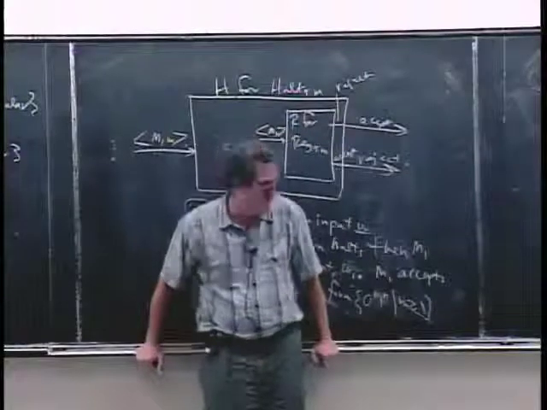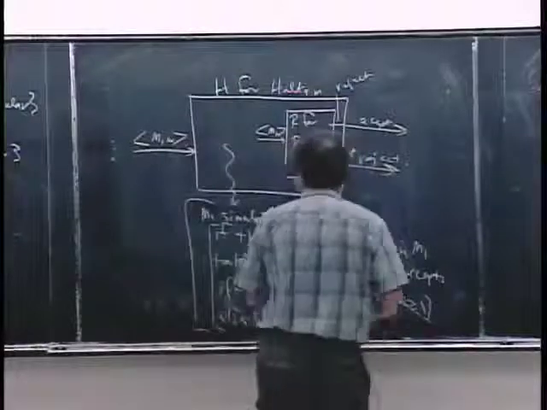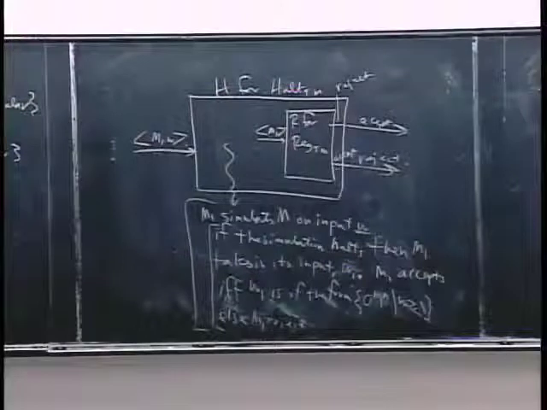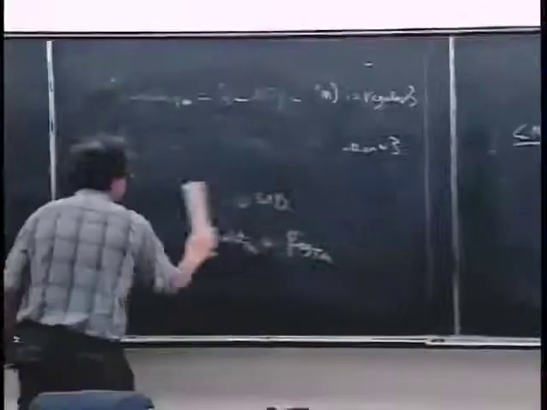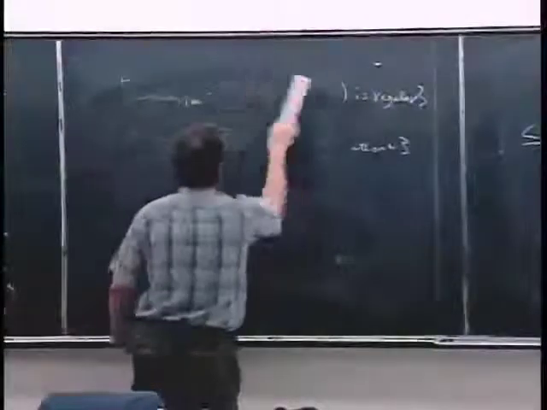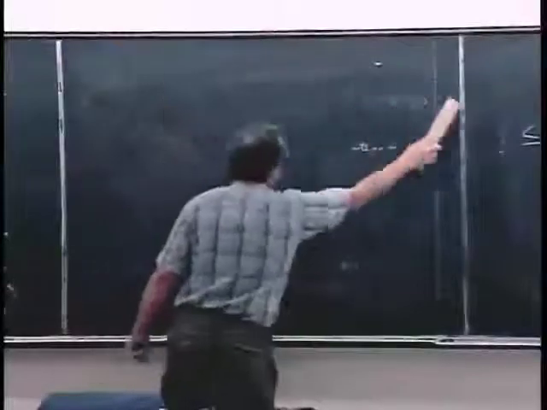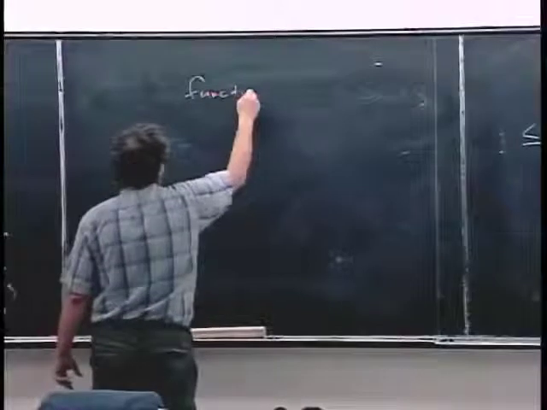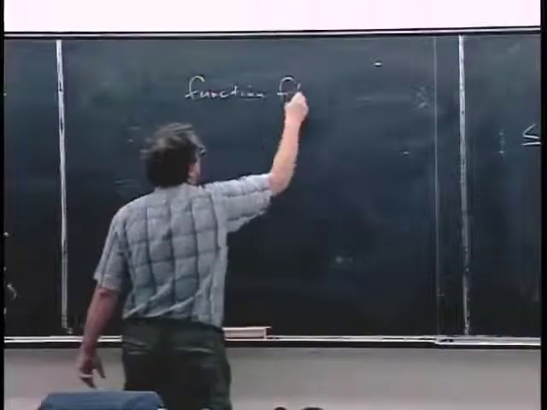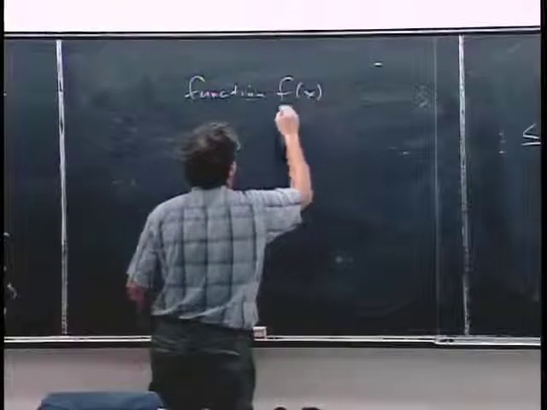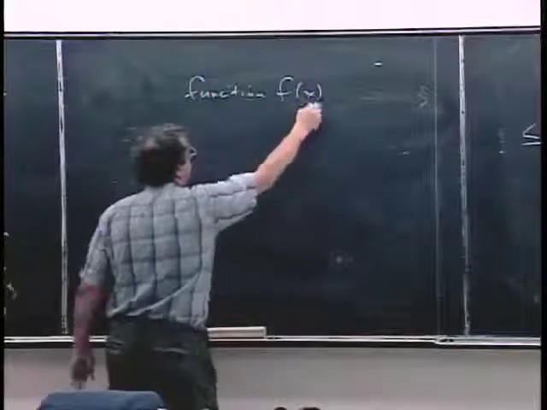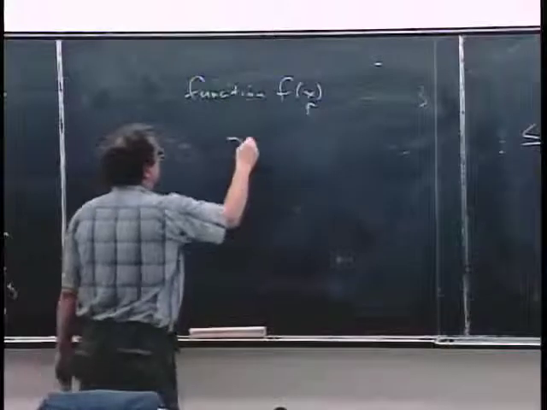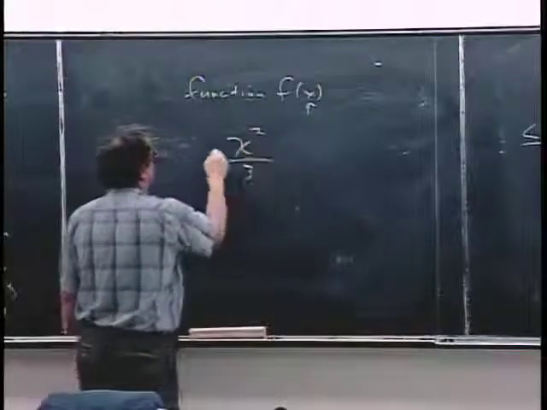And so we all know what a function is. You've seen functions since grade school. So input is x, and this computes a function of x, for example, x squared over 3.